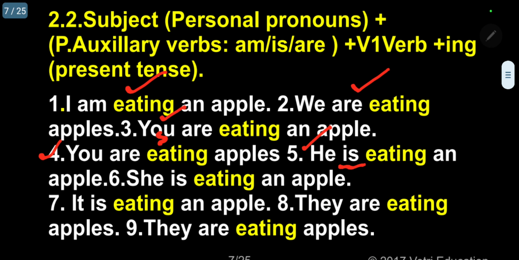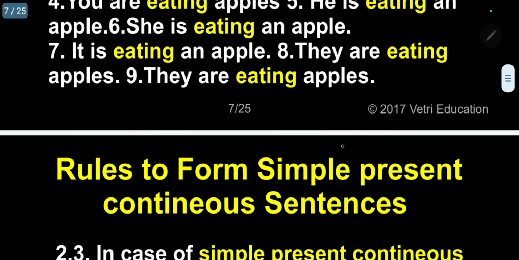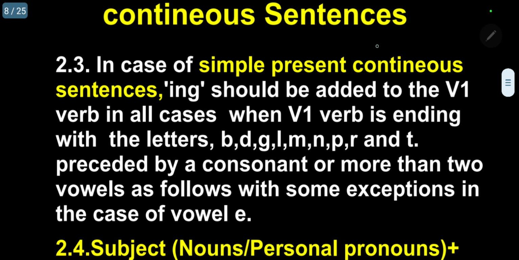Please follow the difference. So they are is the plural verb used, but eating is not changing in all the cases. Now, rule 3, very, very important. Kindly follow. In the case of simple present continuous sentences, ing should be added to the V1 verb, the basic verb, in all the cases.